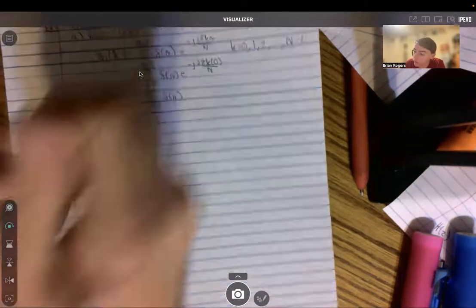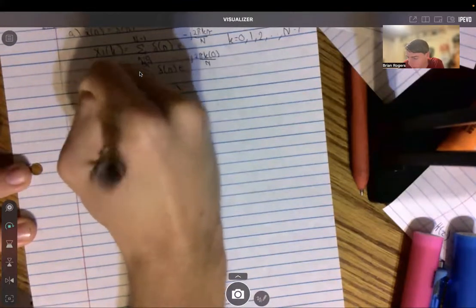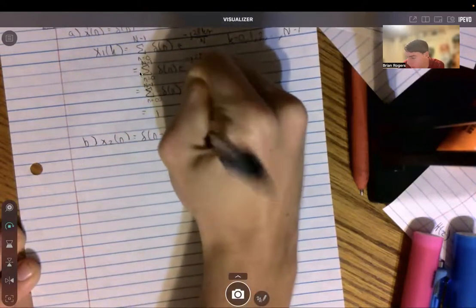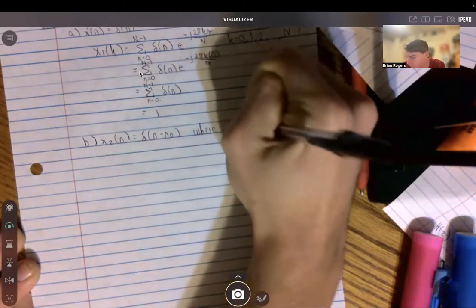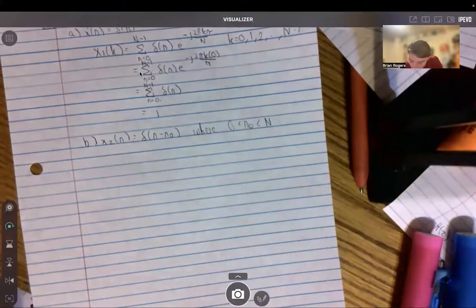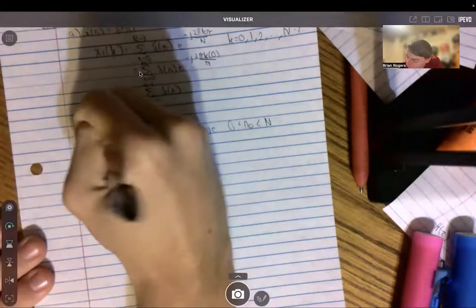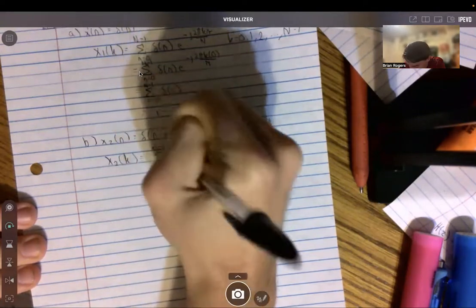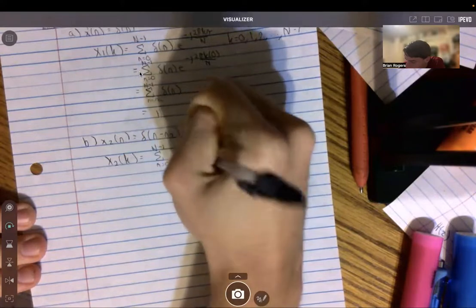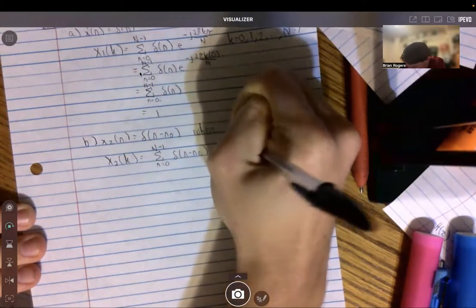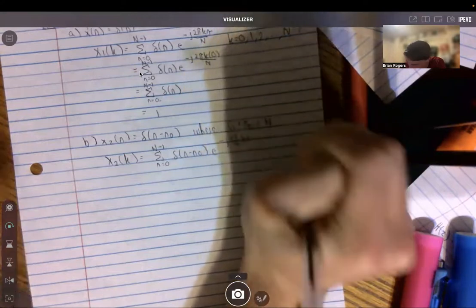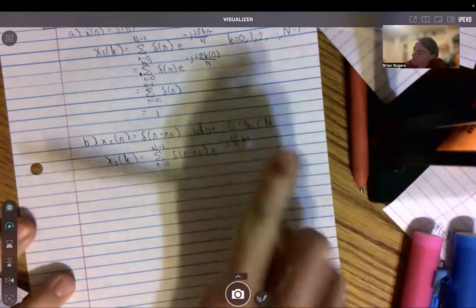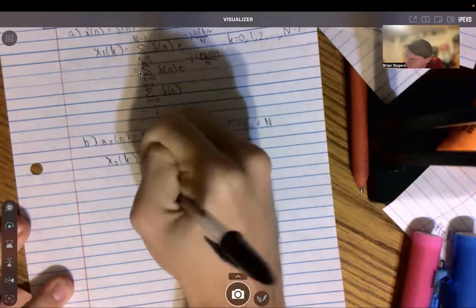And then for the next one, for part B, if they give you x2[n] equal to delta[n minus n0], where n0 is between 0 and capital N, your X2[k] is going to equal the sum from n equals 0 to N minus 1 of delta[n minus n0] e to the negative j 2π over capital N kn. Remember the delta function: we've seen this in 310.